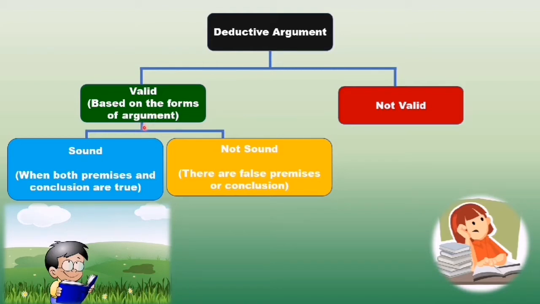If the argument is valid, we will determine whether it is sound or not sound. The argument is sound when both premises and conclusion are true. The argument is not sound when there are false premises or conclusion.